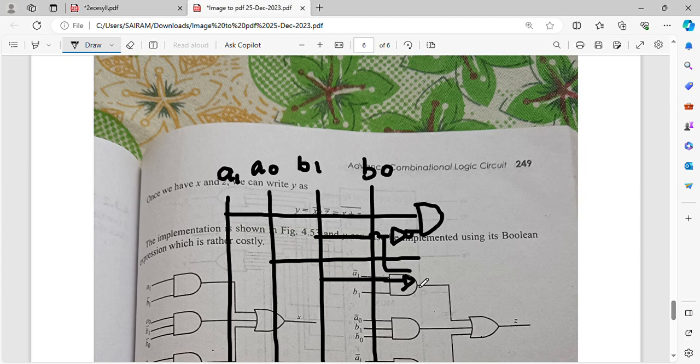Why I'm taking the connection from there is because I have already written B0 bar, so there is no need to write it again. I can just take a direct connection from that itself, right?